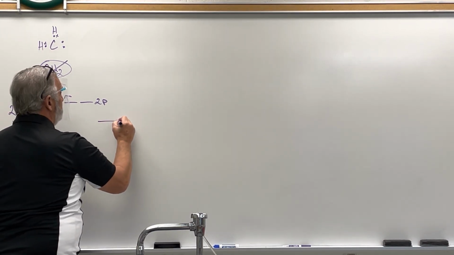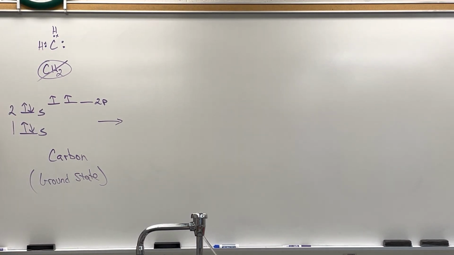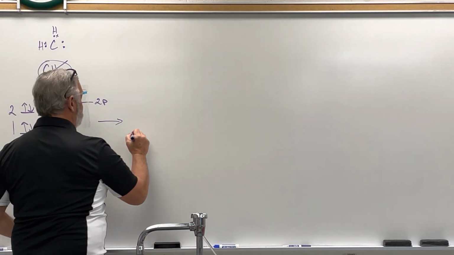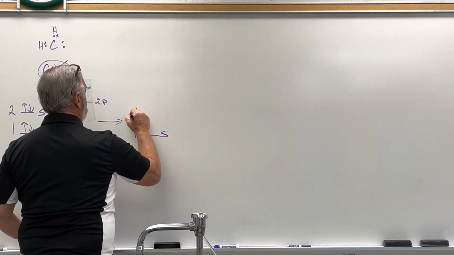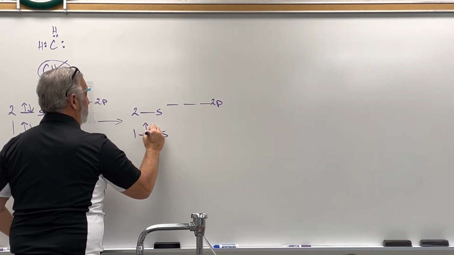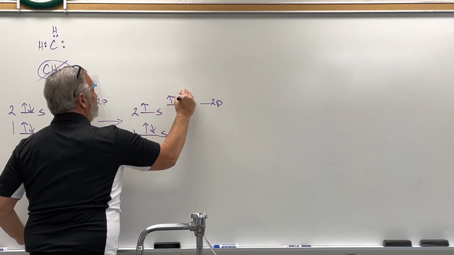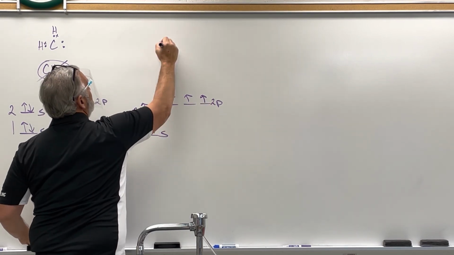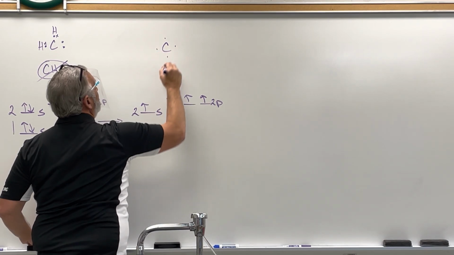But carbon, they said, well, maybe it goes to an excited state where this electron jumps up from the s into the p. Okay? So the electrons are here, 1s, 2s, 2p. So one jumps up into here. So now I have 4 unpaired electrons.